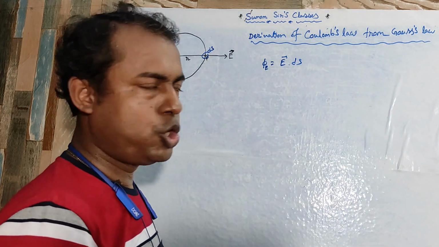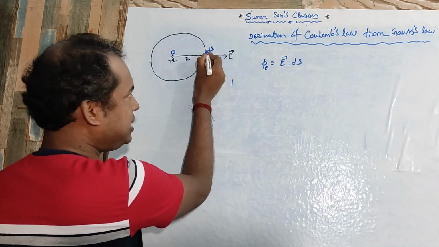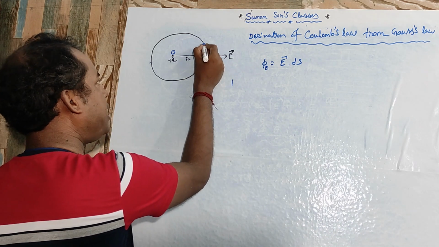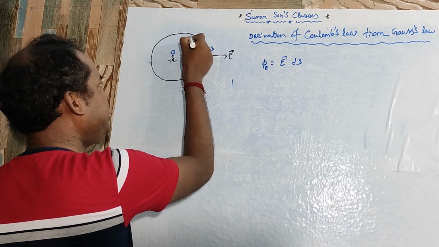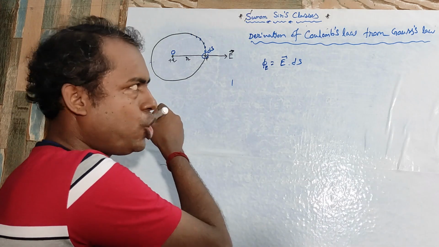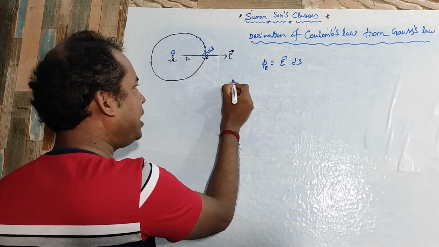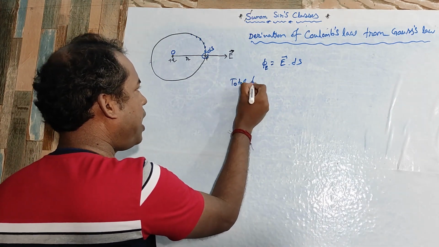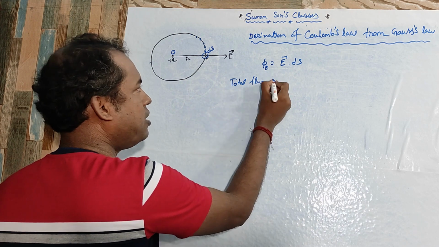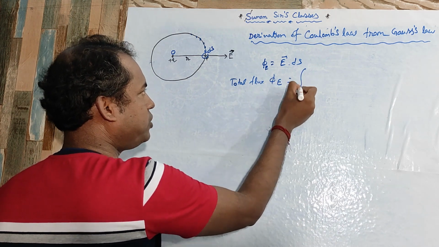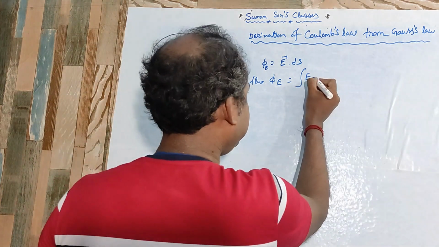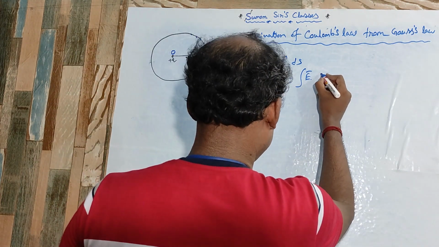Since a number of small areas ds are placed over the surface, we can integrate to get the total flux. So total flux phi E equals integration of E dot ds.